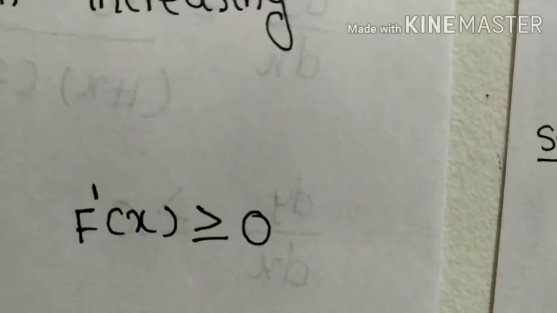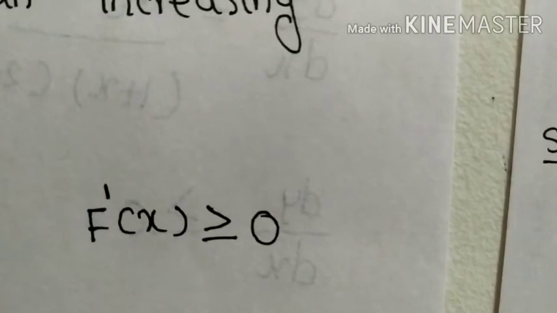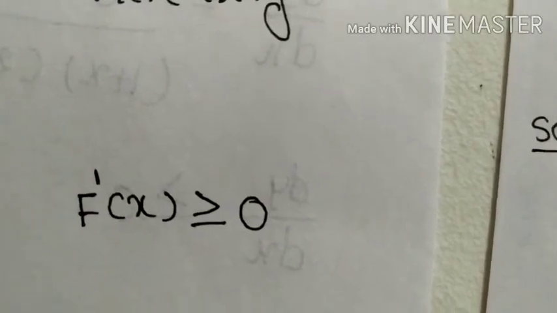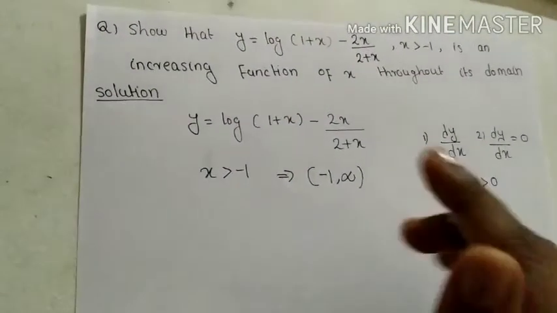We know that if a function is said to be an increasing function, its derivative, that means f dash of x, should be greater than or equal to 0. Okay, so let's start the solution of this question.